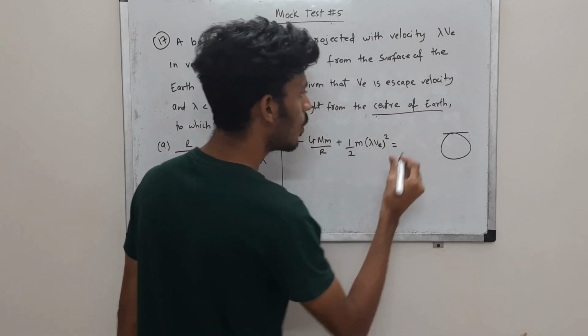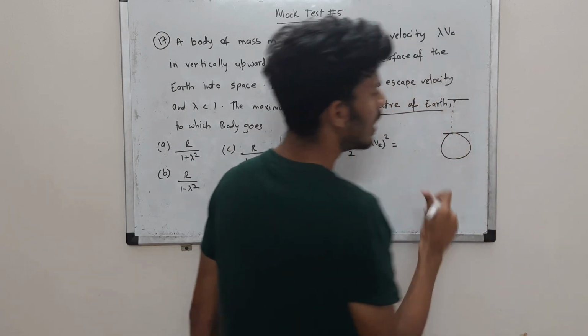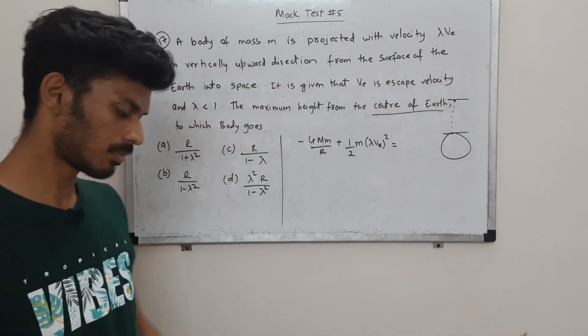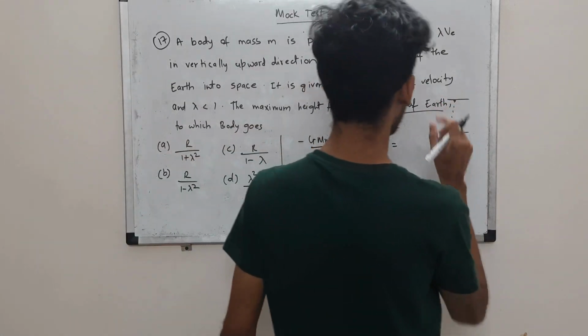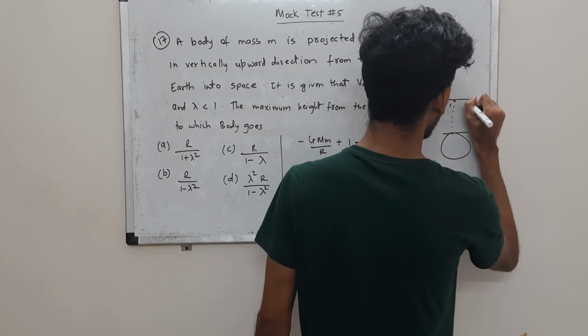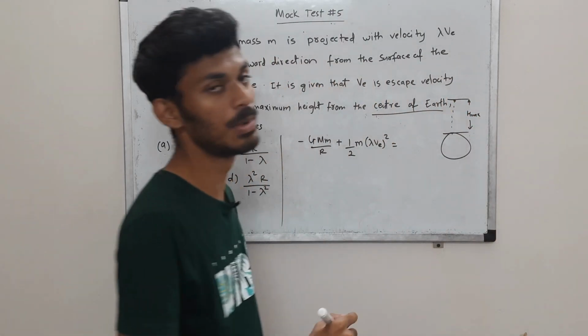Now it will go to the top where there will be some potential energy, and the kinetic energy will become 0. That is the point of maximum height, the point at which it cannot go any further up.